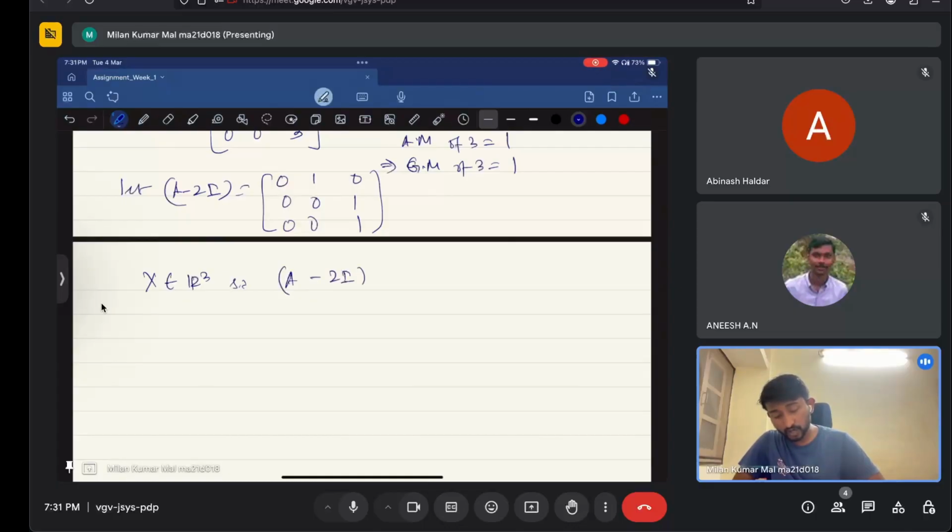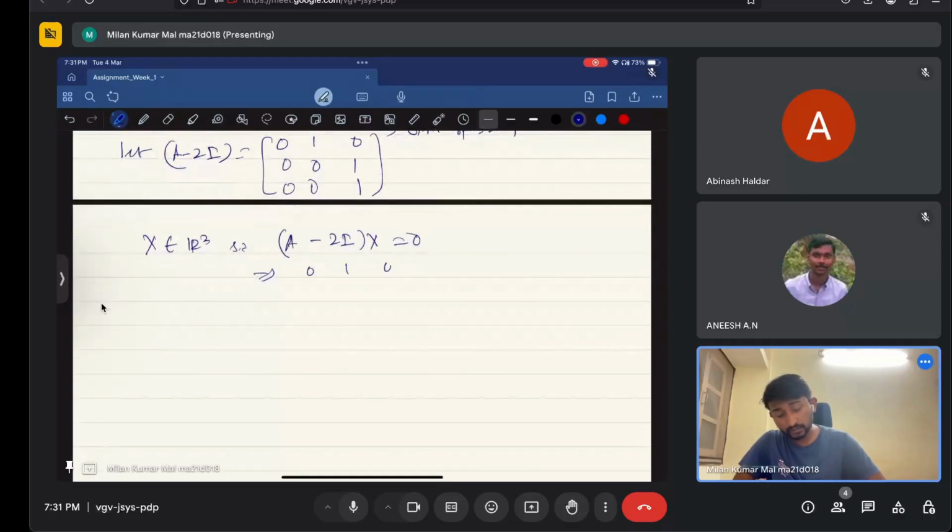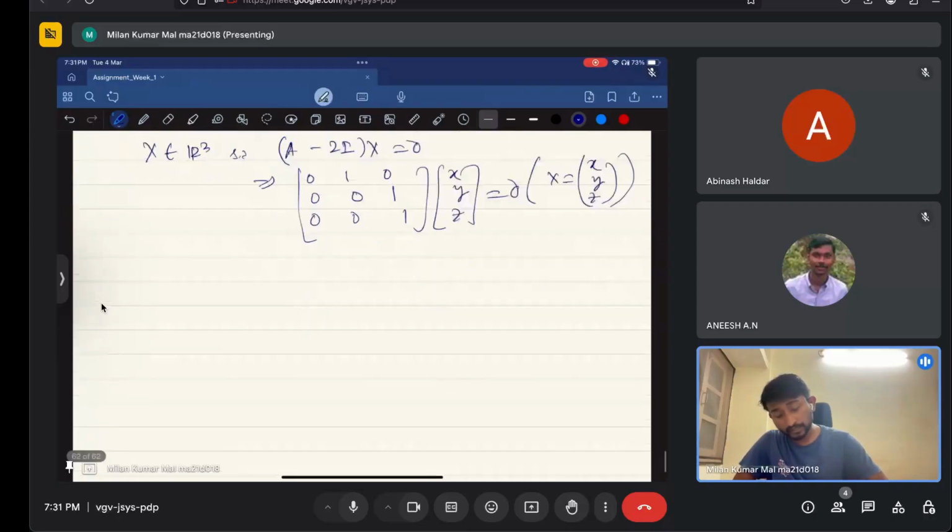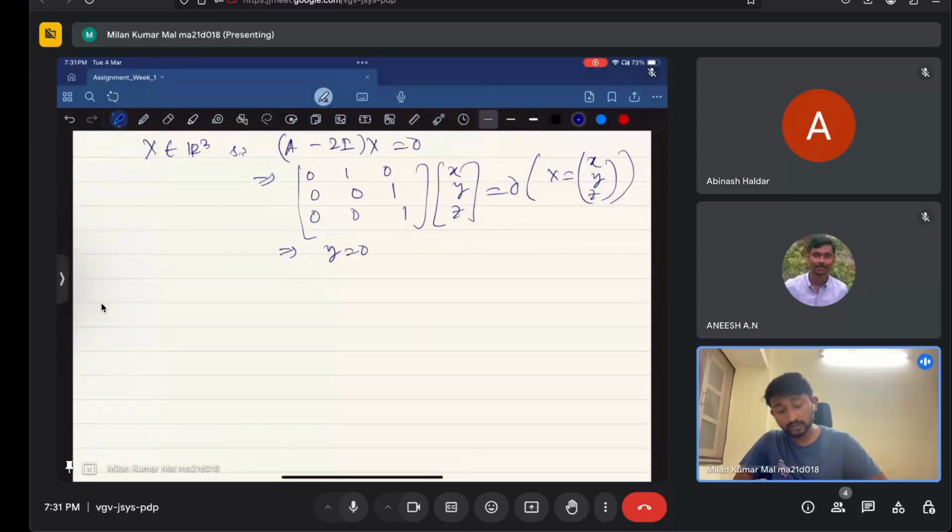Therefore we get [[0,1,0],[0,0,1],[0,0,1]] times the vector (x, y, z) equal to 0. So we get y equal to 0 and z equal to 0. So x can take any value.